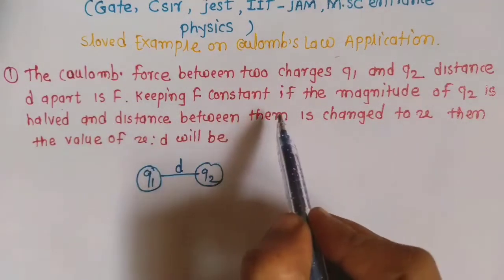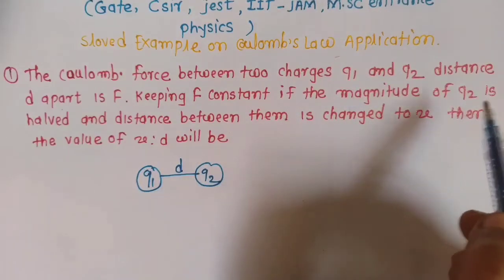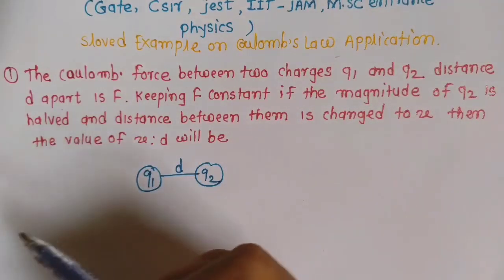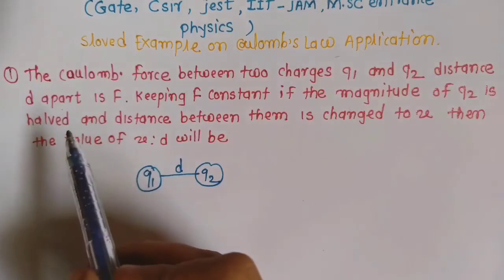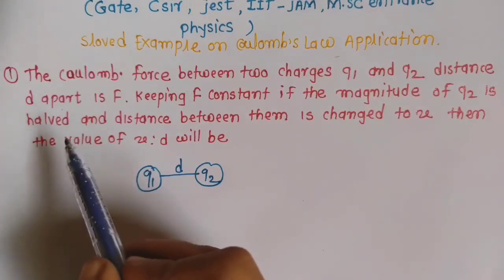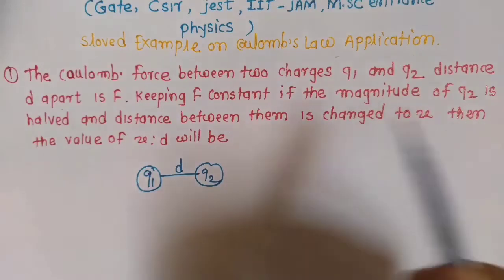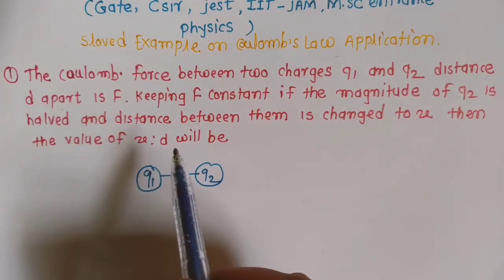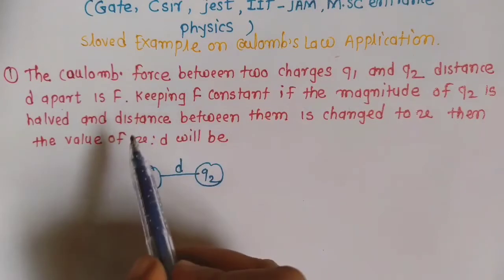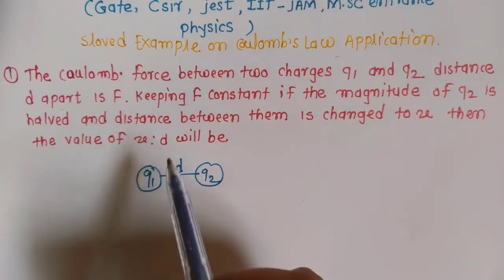Keeping F constant, if the magnitude of Q2 is halved and the distance between them is changed to x, then we have to find the value of x as to d.